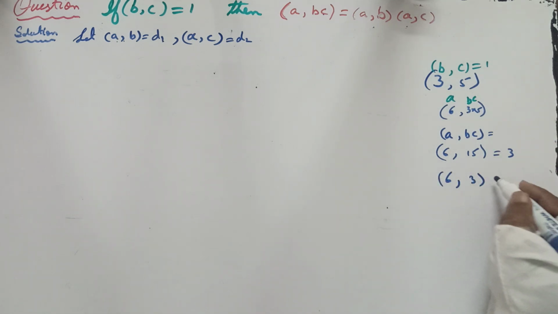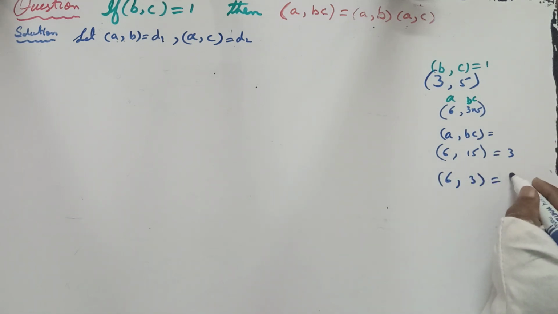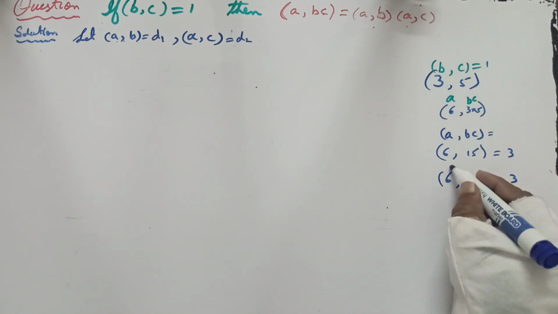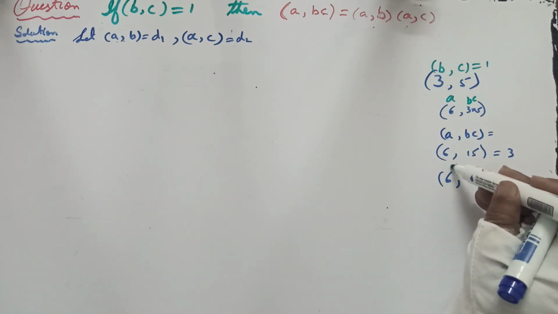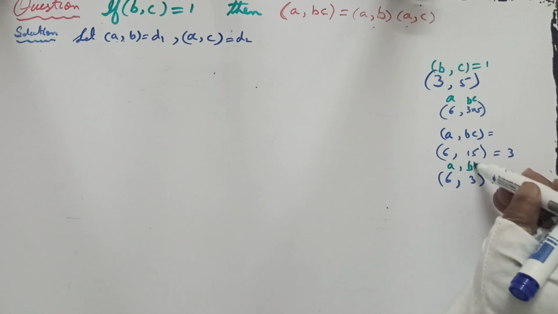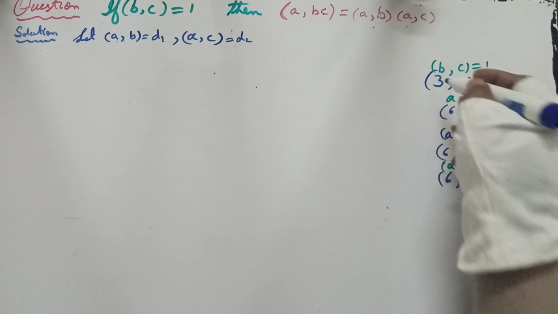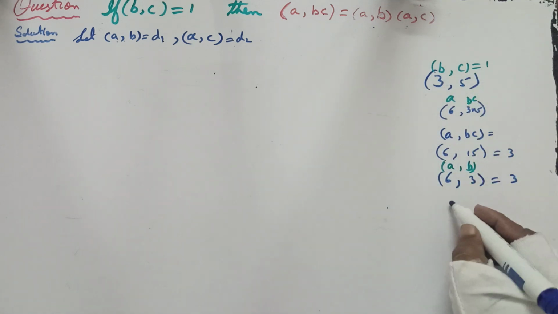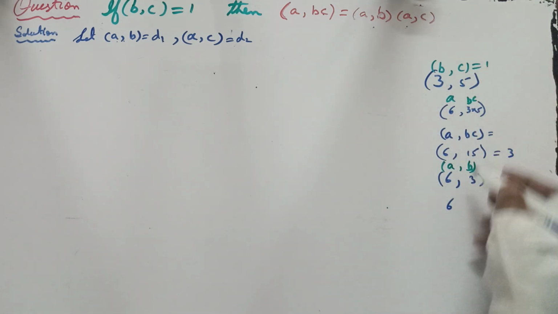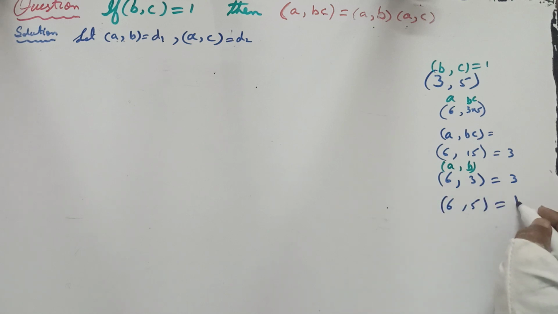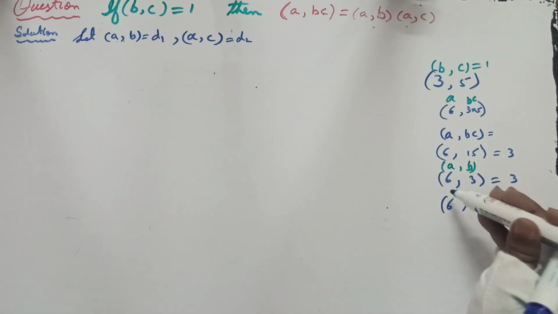What is the greatest common divisor of 3 and 6? It is 3. And now I take A and C. A is 6 and C is 5. What is the GCD of both? 1.